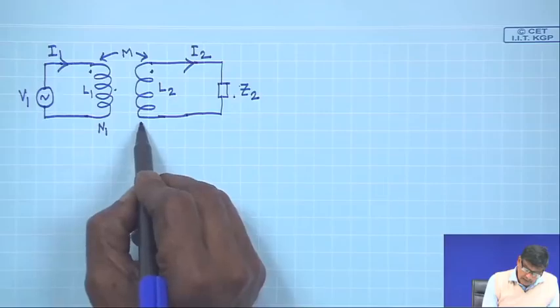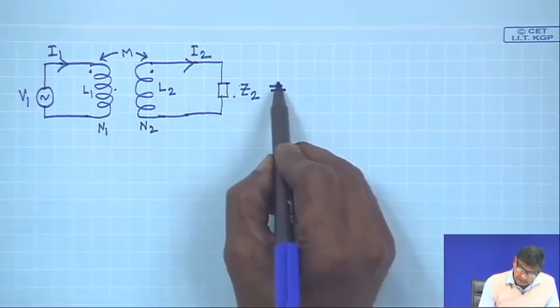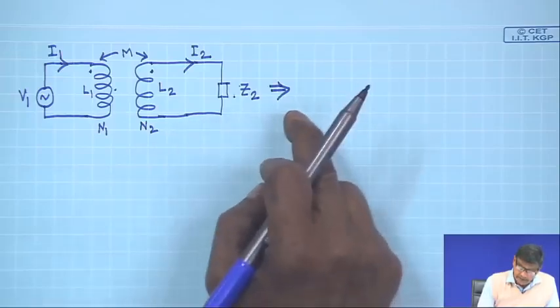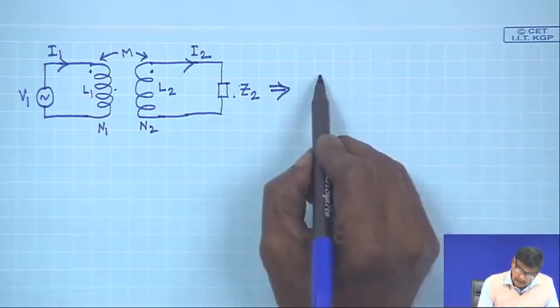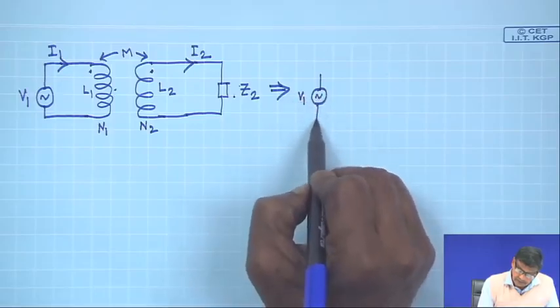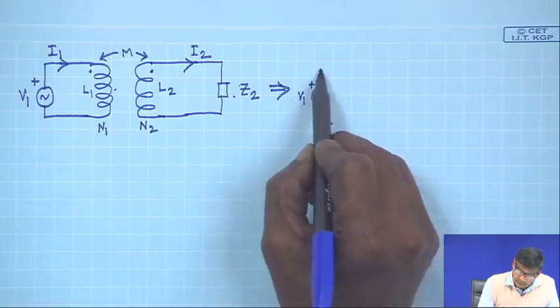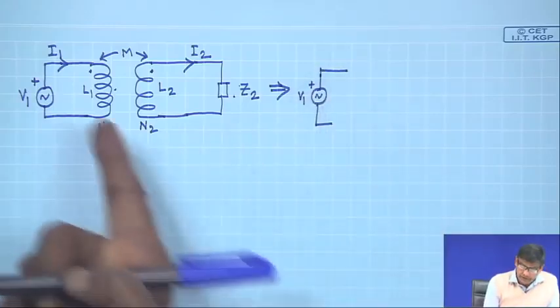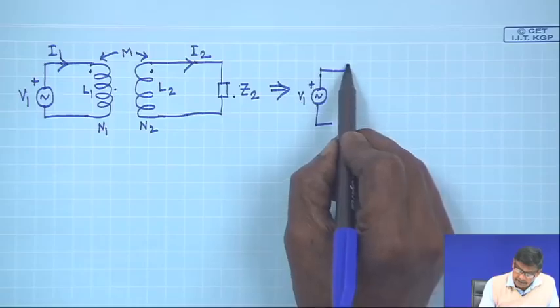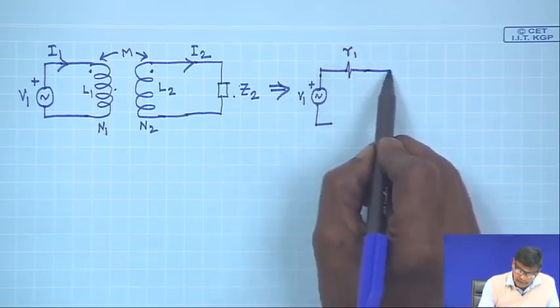Now, this circuit, this is a very important step, can be drawn like this: V1 applied voltage, and let us assume the winding has a resistance R1.